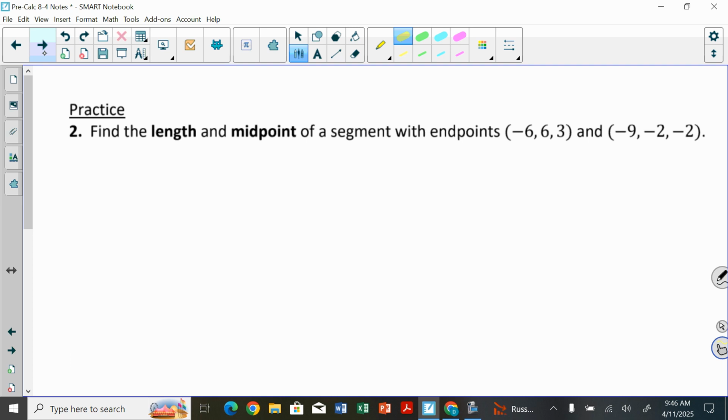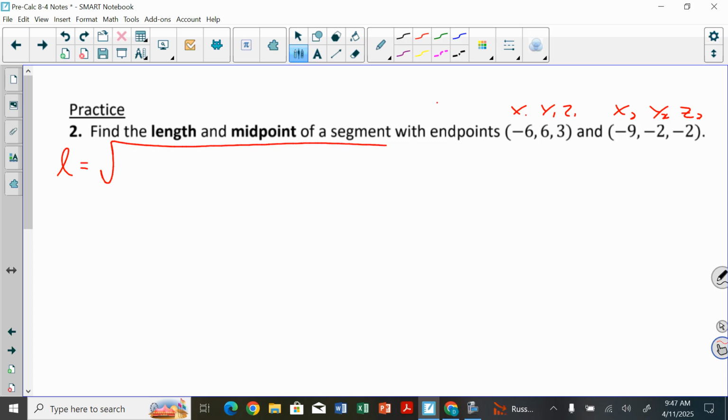Let's find the length and the midpoint of these segments. So we've got these here are x1, y1, z1. These are our x2, y2, z2. So we can use those to find the length. I'm going to go L equals a big square root.